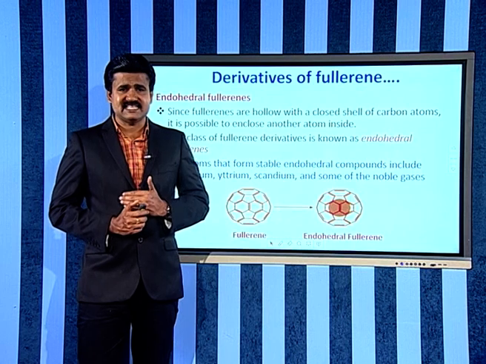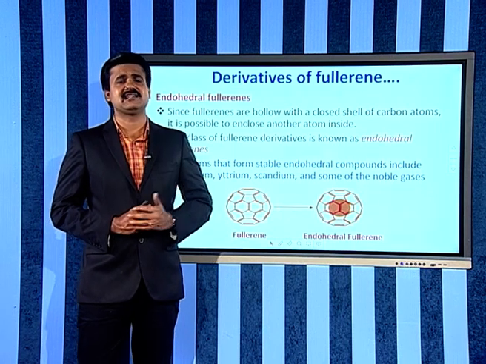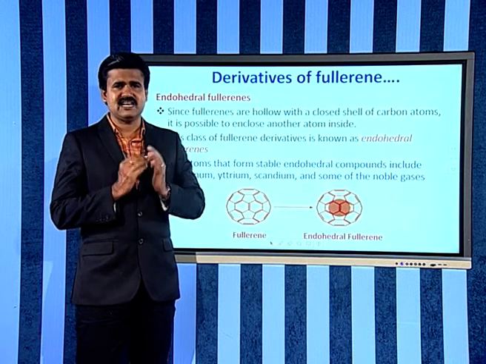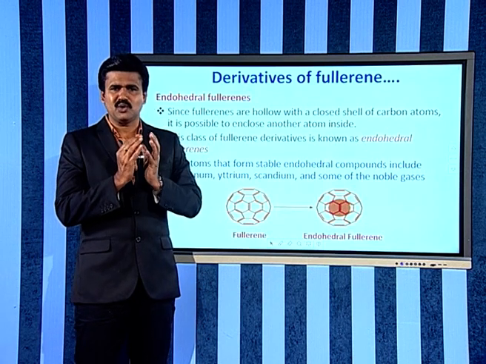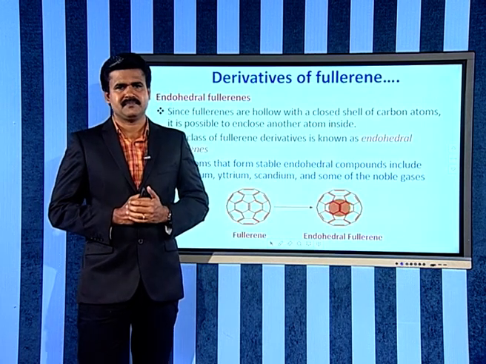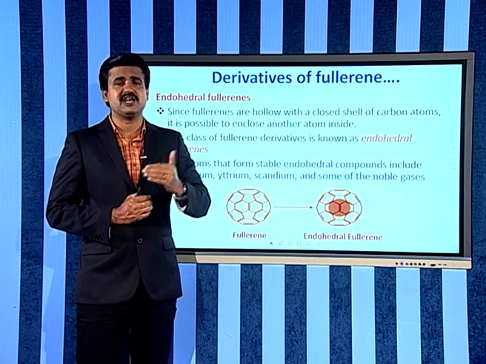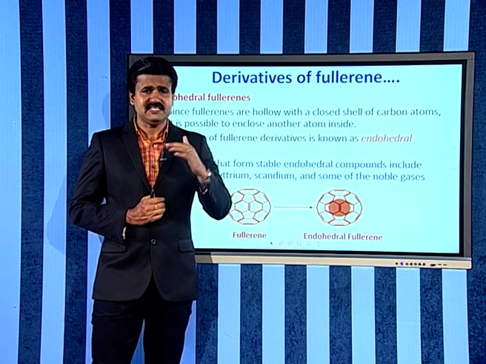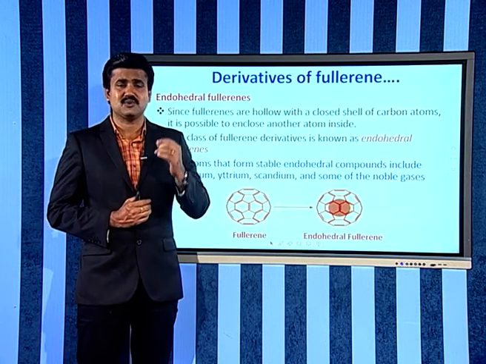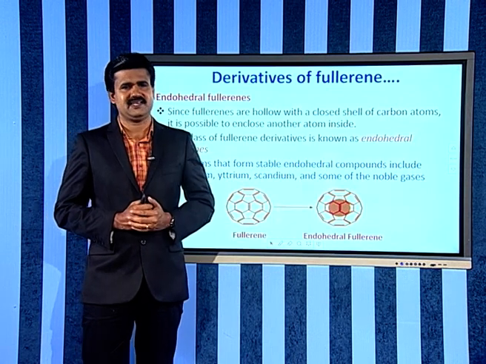Another category is endohedral fullerene. As we are aware, fullerene has a closed hollow cavity. This cavity is a closed shell of carbon atoms, and it is possible to enclose other atoms or small molecules inside.